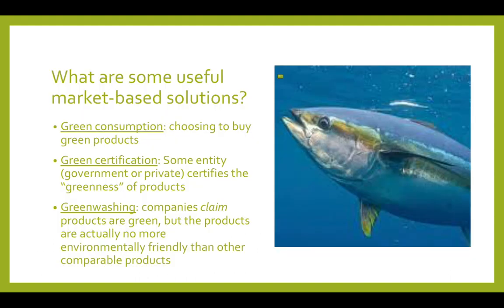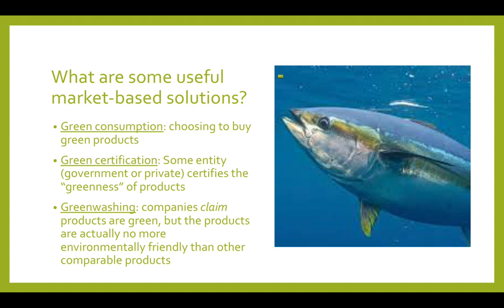Okay, what are some other useful market-based solutions? Well, we've mentioned these a little bit when we talked about plastics. One is green consumption. So we can simply choose to buy green products. And then there's green certification. We could have some entity come along and certify that products are indeed green, and so there's a label on the products that lets us know that it's a good, environmentally friendly product to buy.